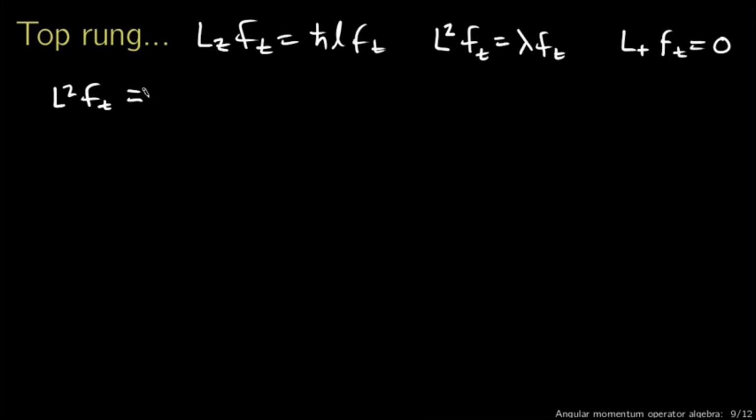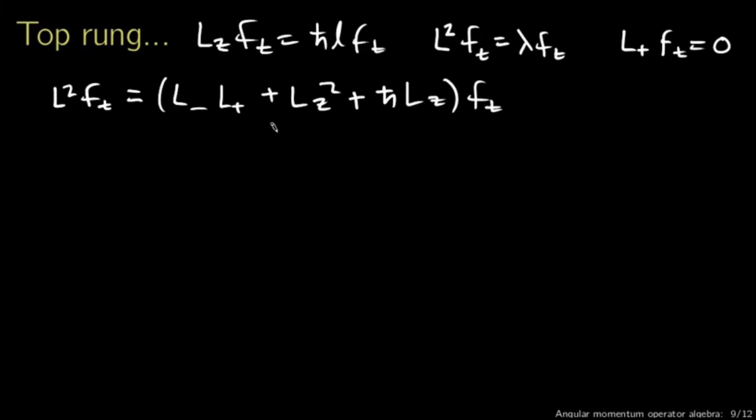So I'm going to write this L squared f_t using the L minus, L plus combination, plus Lz squared, plus h bar Lz, all acting on f_t.